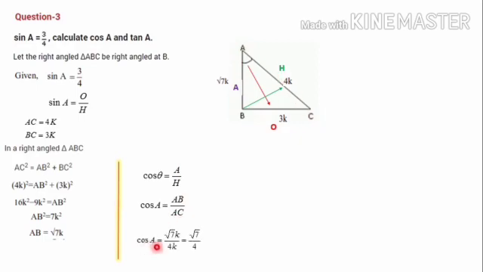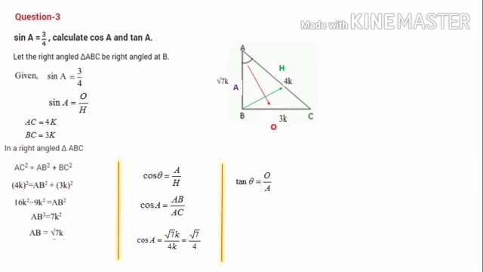Substitute it: cos A is equal to AB, which is root 7k, and AC is 4k. So root 7k by 4k, and k cancelled. Finally root 7 by 4 is the value of cos A.